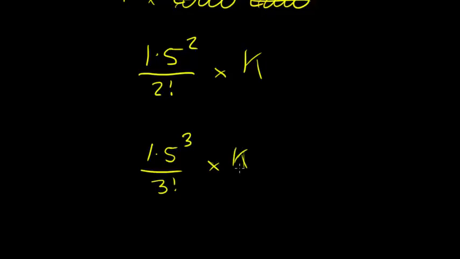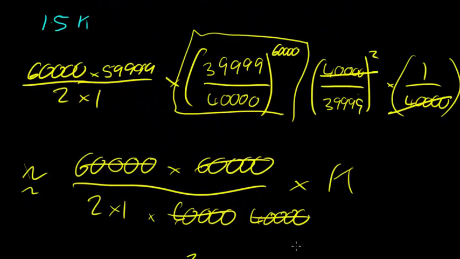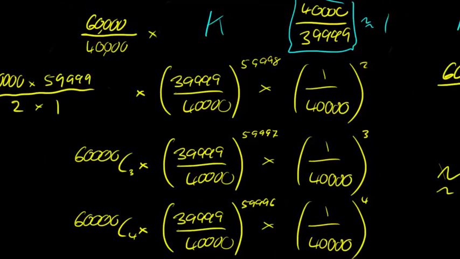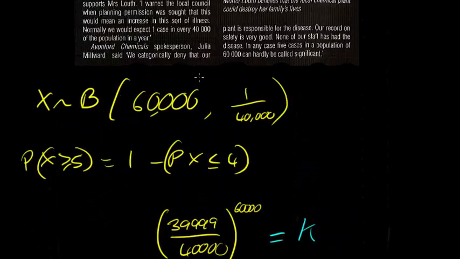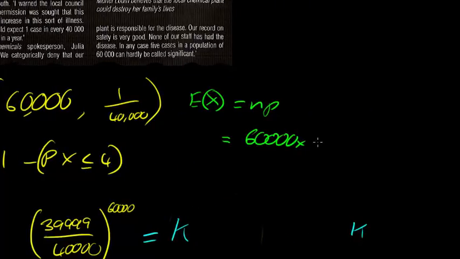Now remember, as we were going through this, what we had was a binomial distribution, where our expected value of x, and I'll start moving into green now, E of x, is np. So that's 60,000 times 1 over 40,000, which is, in fact in this case, exactly 1.5.